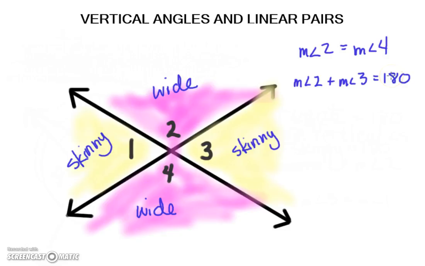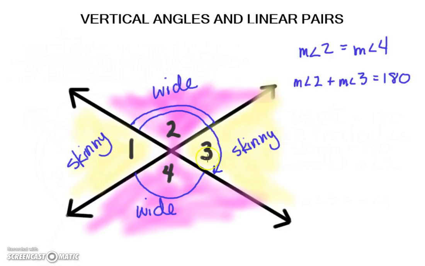Now these are totally different equation formats. If I take angle 2, the pink one, and I'm looking at its measure, and then I keep going and add angle 3 to it, doesn't it make 180 degrees? It makes a half a circle. It should. And then if I'm looking at angle 2, and I'm comparing it to angle 4, they're equal.